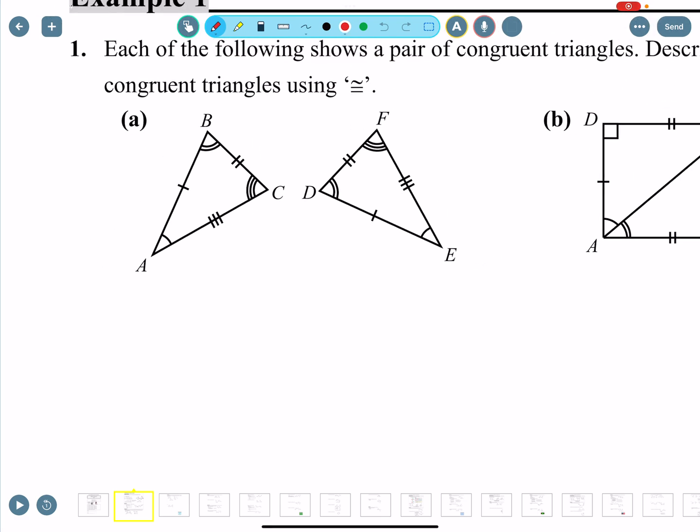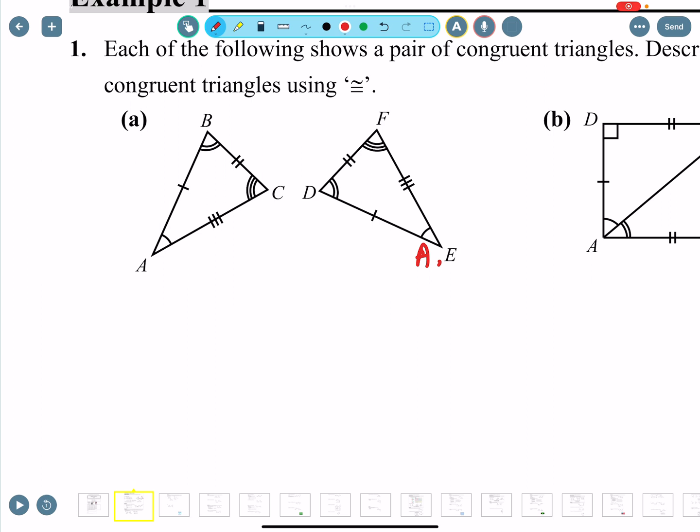We've got two triangles. What I'm going to do first is match up the corners with the angle. So this A has a single line angle, I would say. Then I'm going to put A over here next to E, because E has a single line angle.